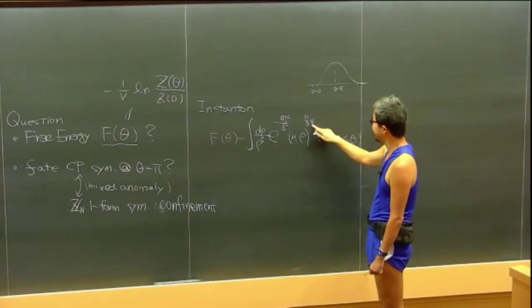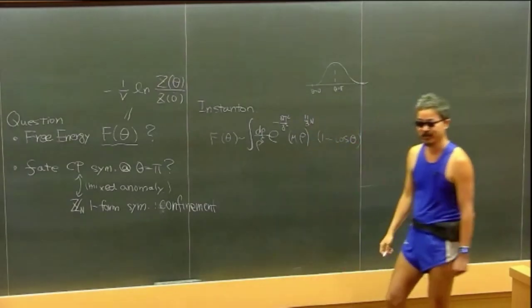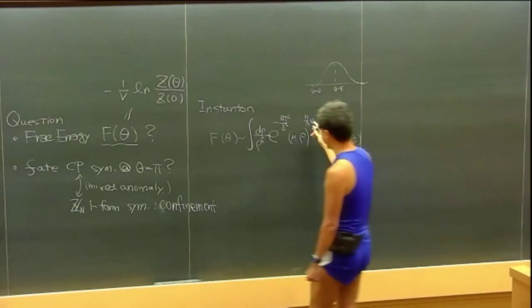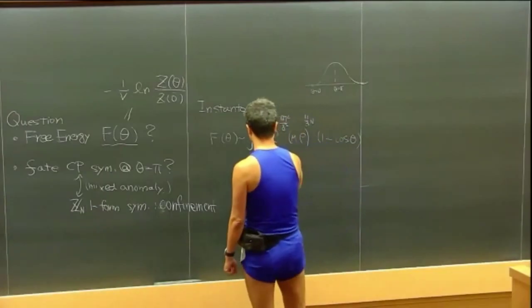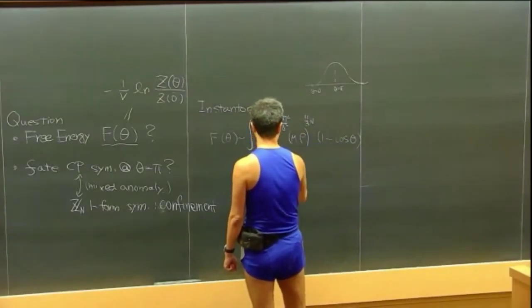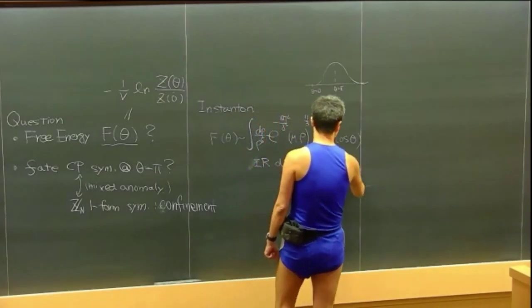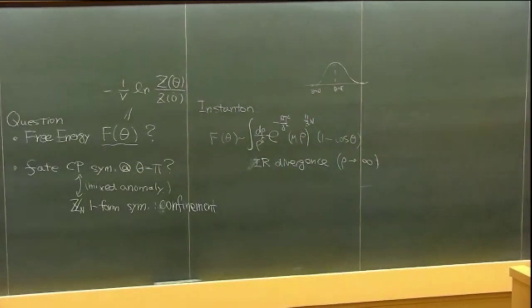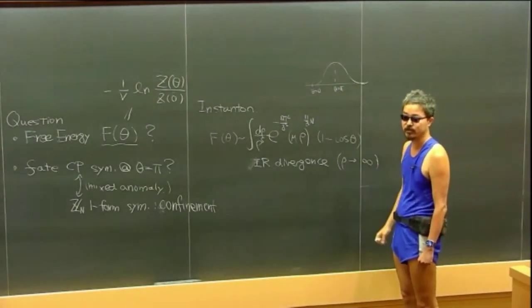So even for N equal 2, it's 7 or so, which wins against this factor. But unless you analytically continue N also, there is an IR divergence, namely as rho goes to infinity, this diverges. So this is actually a very dangerous integral in general.